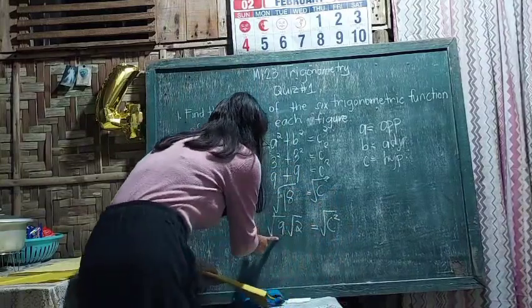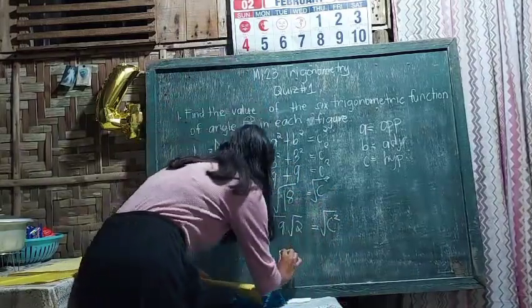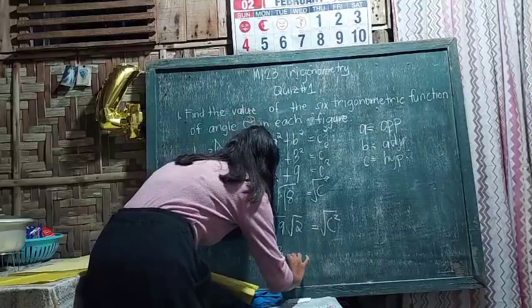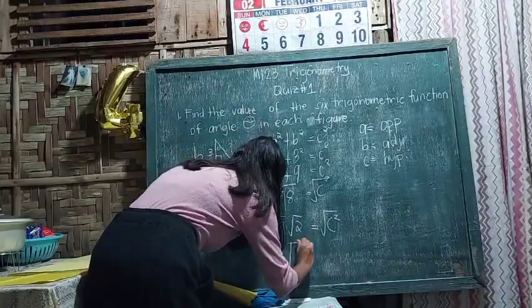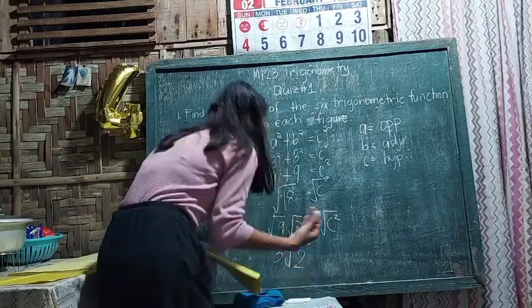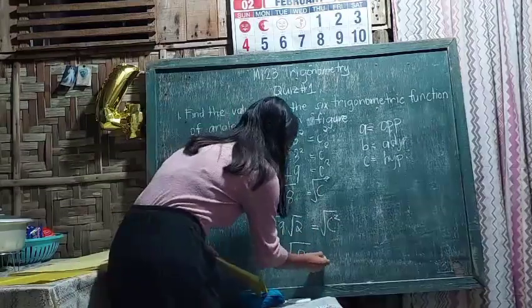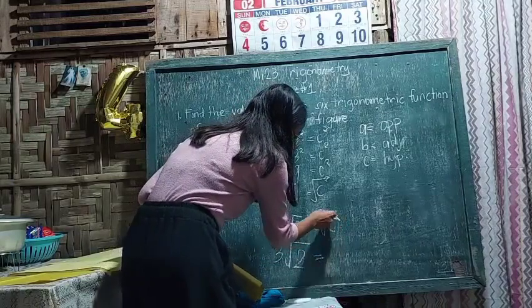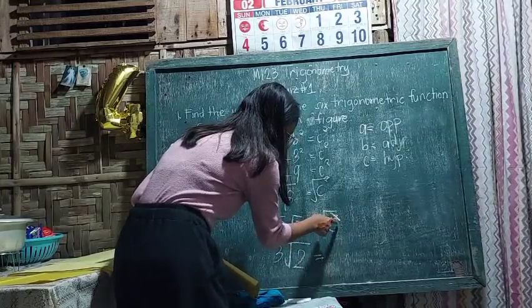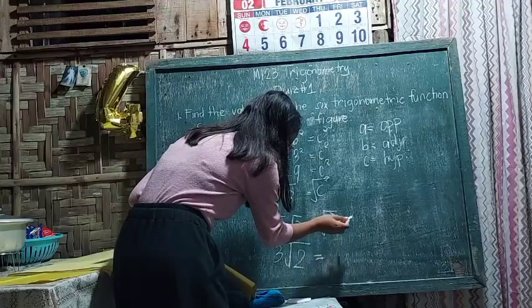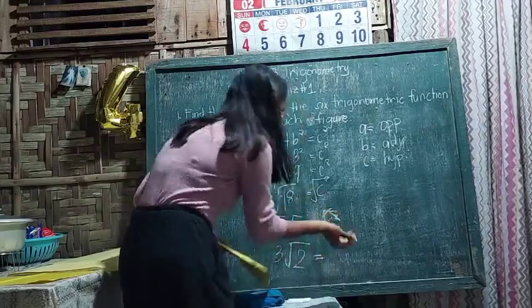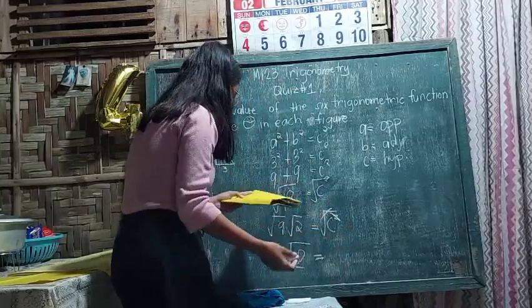So since 9 is a perfect square, we are going to write down its value. The square root of 9 is 3. And we are going to bring down the square root of 2 since it isn't a perfect square. And we will remove its squared sign and the square root sign since both of them cancel each other out.